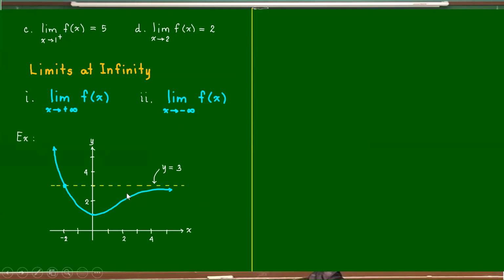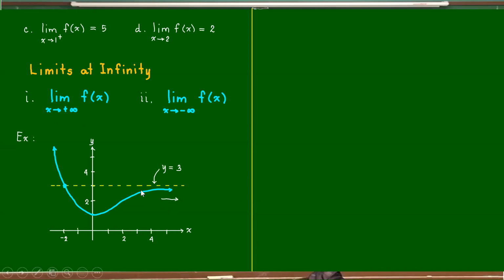If you're asked for the limit, for instance, of f of x as x approaches positive infinity, that means x goes to the right without end or without bound. What do you notice about this curve? This curve approaches the yellow line. It seems not to exceed the yellow line.